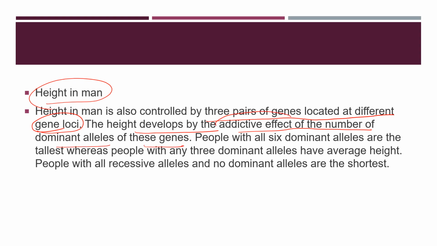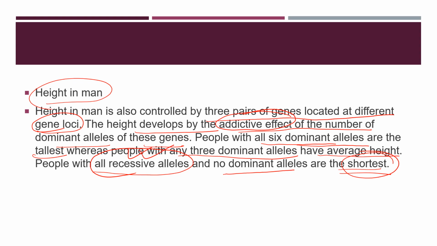People with all 6 dominant alleles are the tallest, with any 3 dominant alleles are of average height, and with no dominant alleles, all recessive, are the shortest. It is the same as white skin color and dark skin color. The shortest will have all recessive, the tallest will have 6 dominant alleles, and the intermediate will have 3 dominant as well as 3 recessive alleles, right?